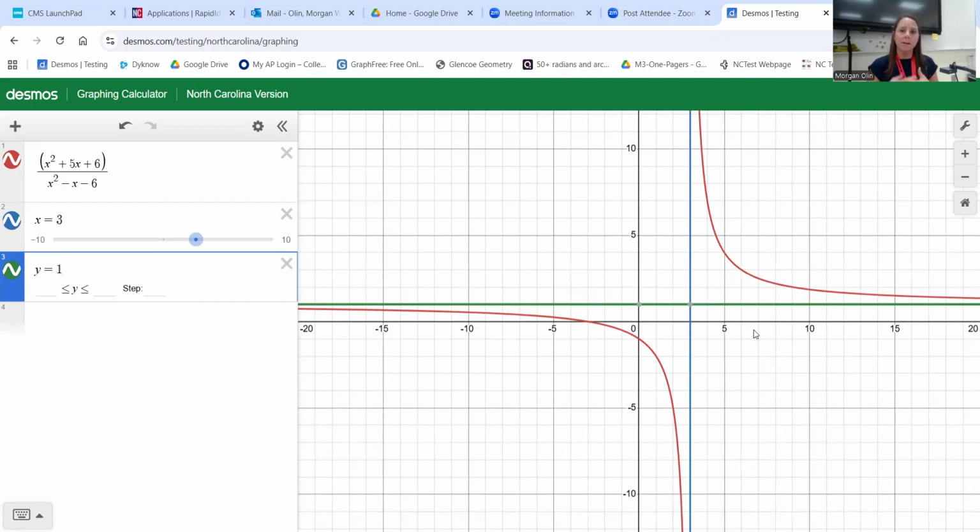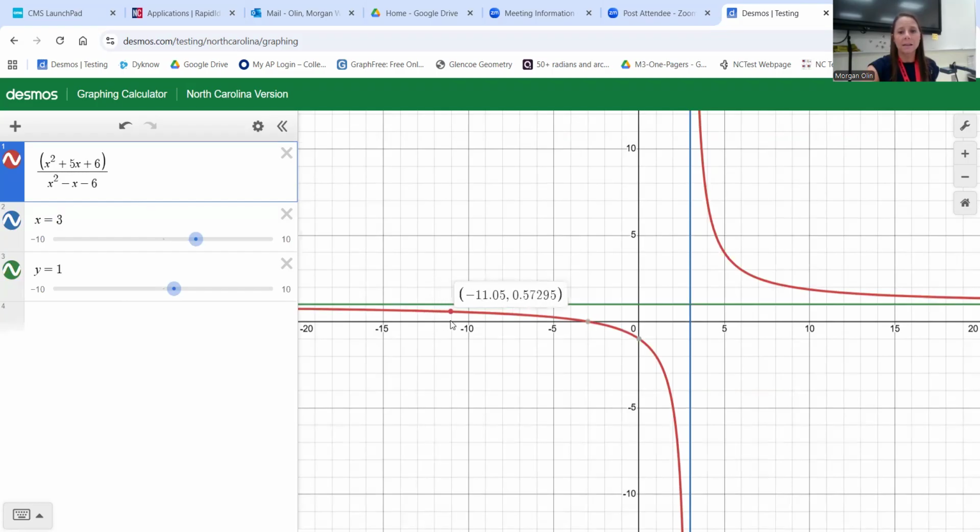Now, if you're not factoring it and you're just trying to do this by graphing, your holes are going to be the hardest to find. You really need to go slowly, and you're looking for where the y value is undefined. I didn't see anything here. And I'll be honest, if you go too quick, you may not see it.